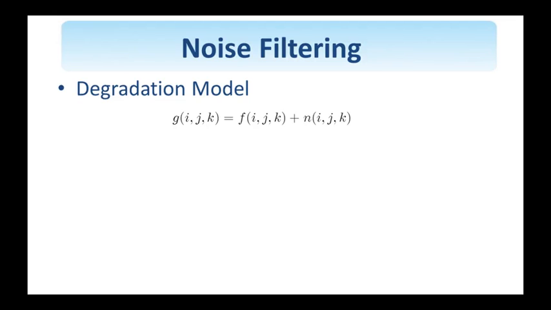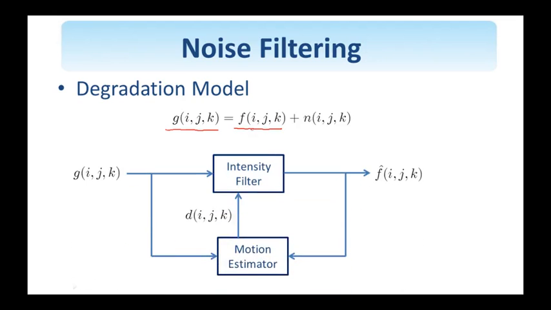The degradation model, assuming additive noise, is shown here. So we want to operate on the observed video g(i,j,k) and obtain an estimate f hat of the original video f(i,j,k). In doing so, we can ignore the motion, take it into account implicitly, or explicitly estimate it as shown here.